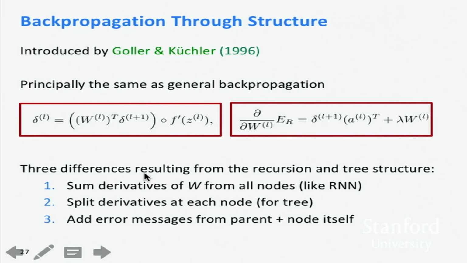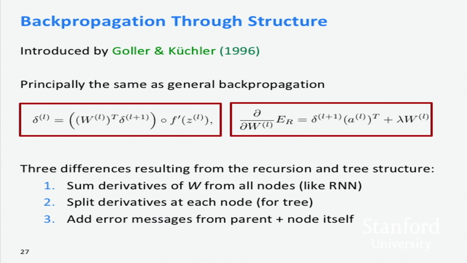So it ends up that there are three differences. For working out the updates to the matrix W in your neural network, just like an RNN, you're going to be summing up the derivatives of the error signals that you get coming into W everywhere you see it inside the tree structure.